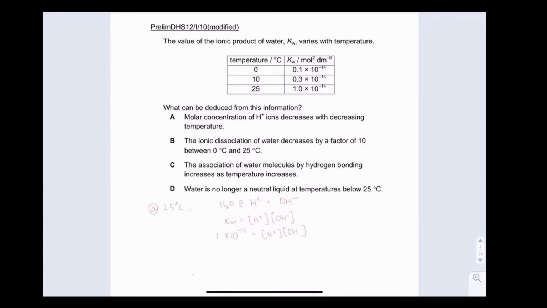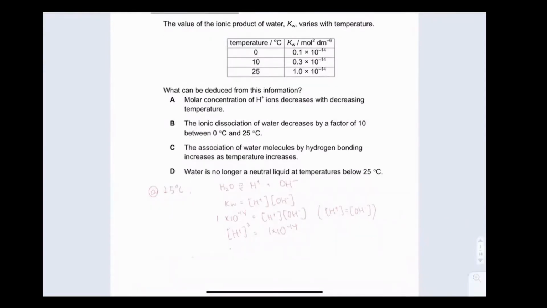Now, since I have 1 mole of H plus as well as 1 mole of OH minus, this means that my concentration of H plus is equivalent to my concentration of OH minus after dissociation. So hence, I can just write it as concentration of H plus squared, since 1 mole of H plus and 1 mole of OH minus is produced.